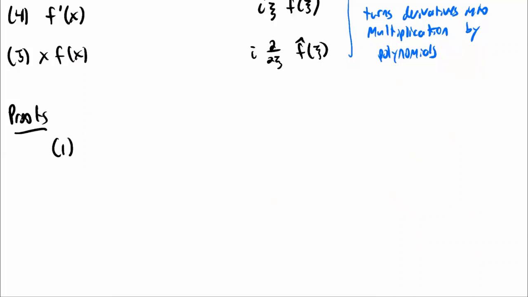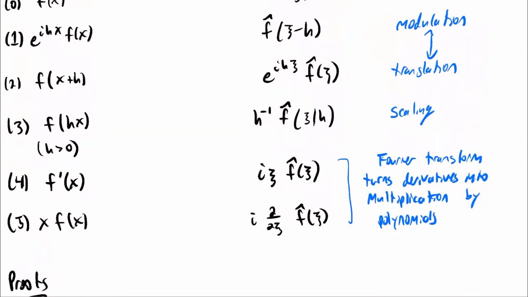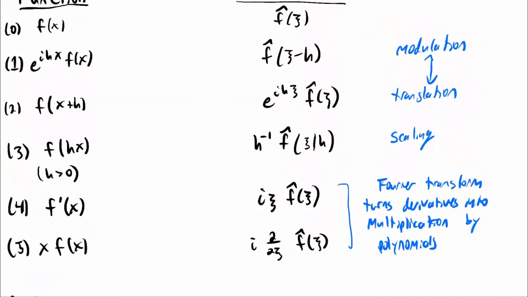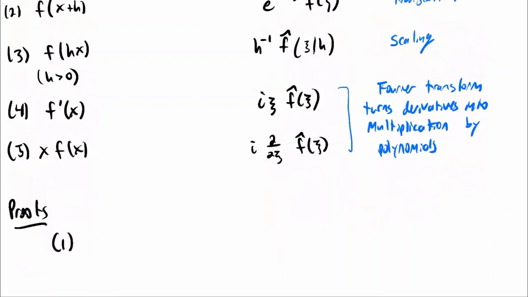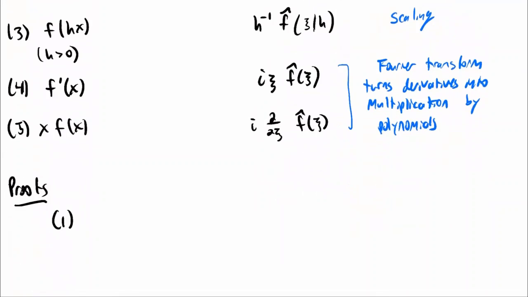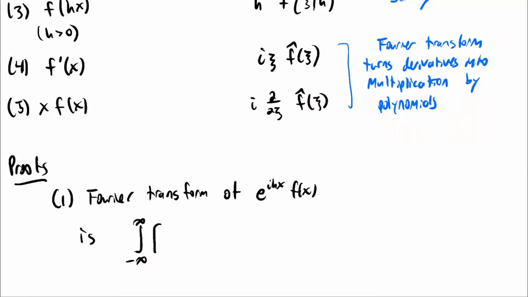So let's prove property 1. This involves the Fourier transform of e to the i hx times f. I want to show that if I take the Fourier transform of this function, I end up with this quantity here. Well, by definition, it's the integral from minus infinity to infinity, and then I plug in the function.